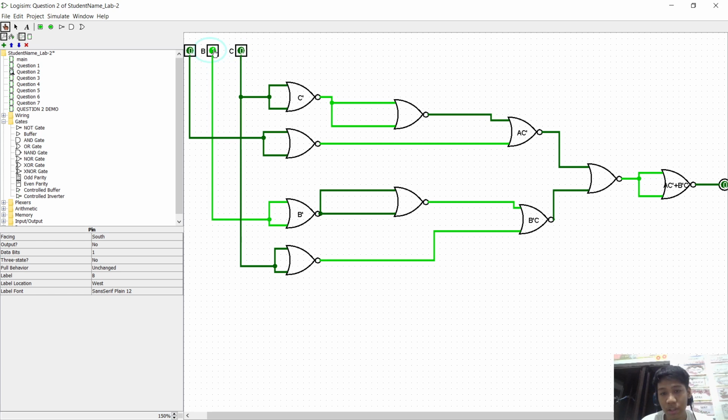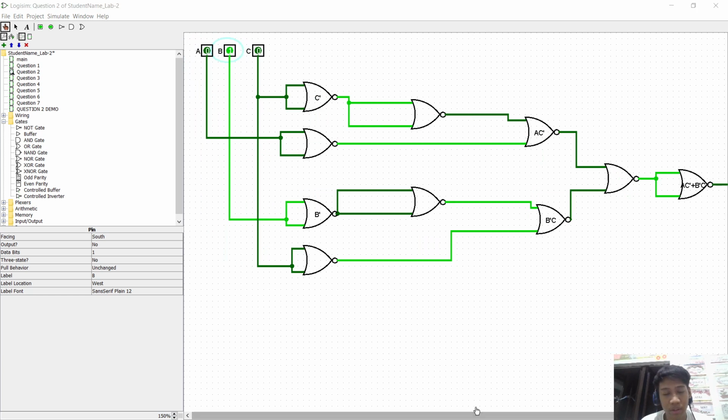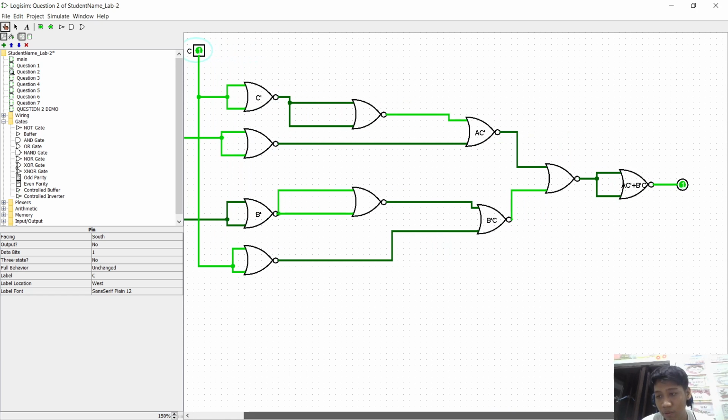For B, there will be no output. For B and C, there is no output. If we put an input in A, there will be an output of 1. The same goes for A and C, there is an output of 1.